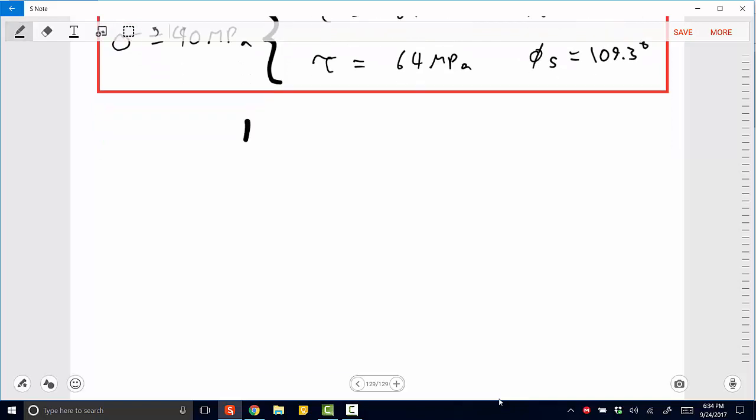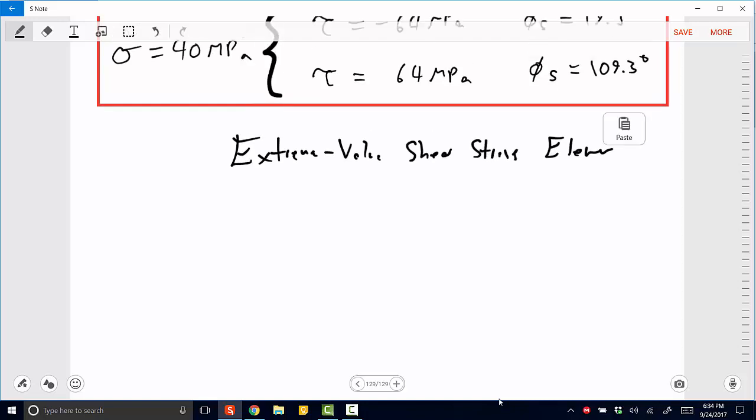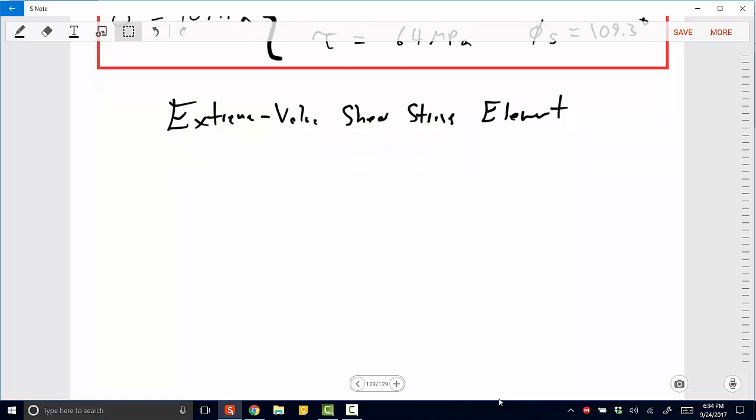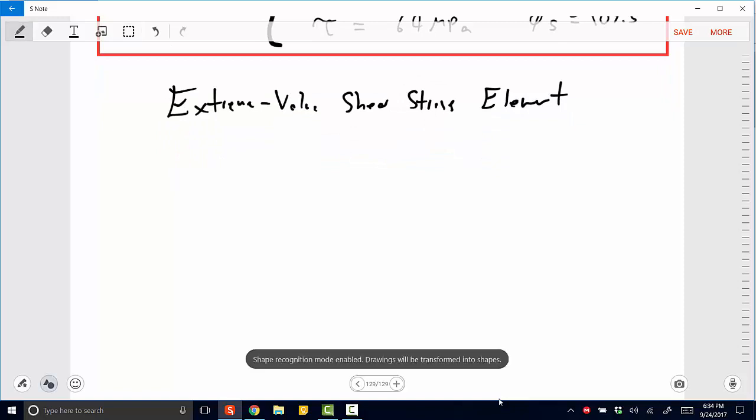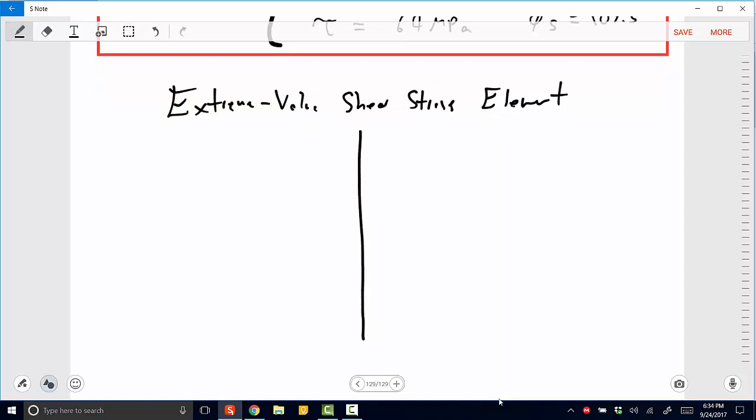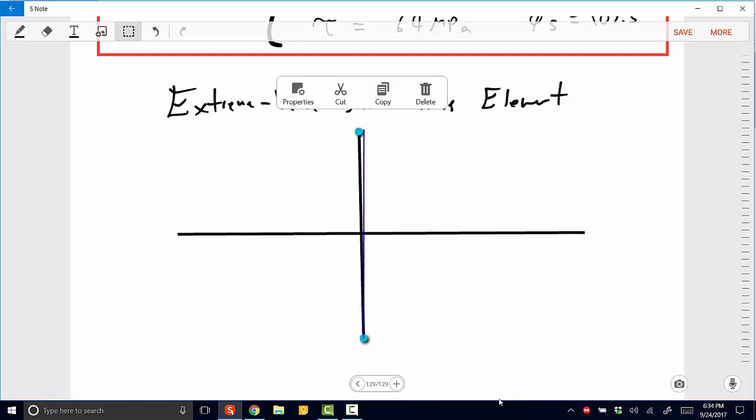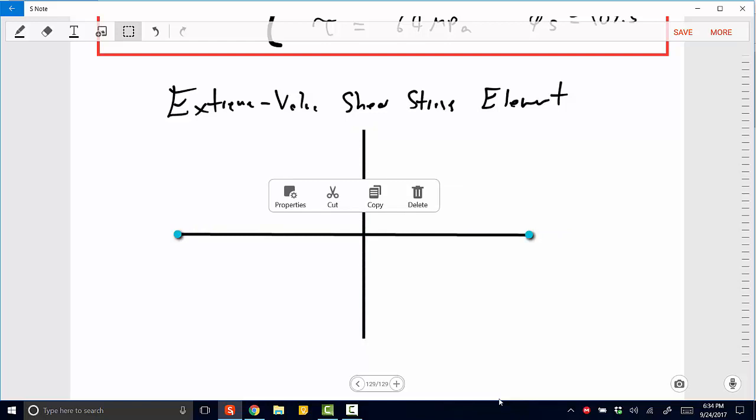Let me change the font size here. Our extreme value shear stress element. So let's go ahead and start with the coordinate systems. This probably doesn't need to be that long.